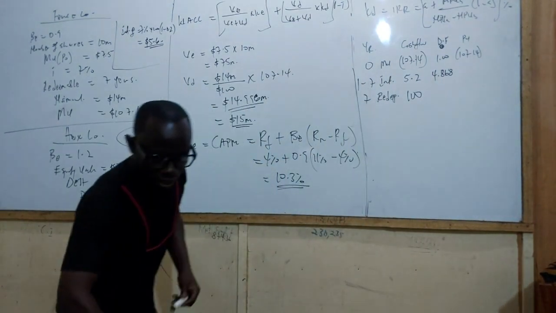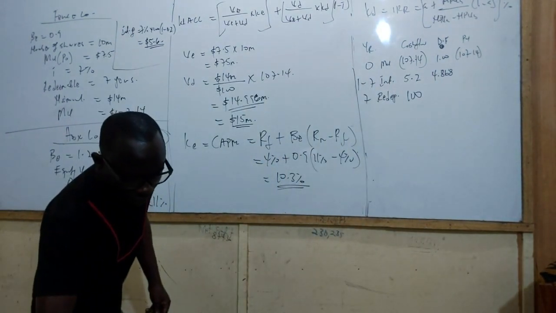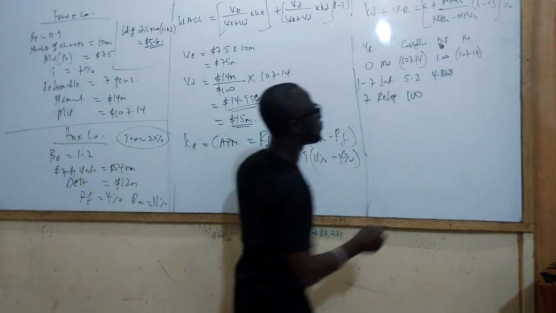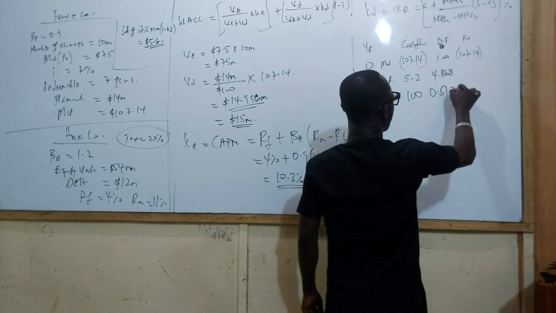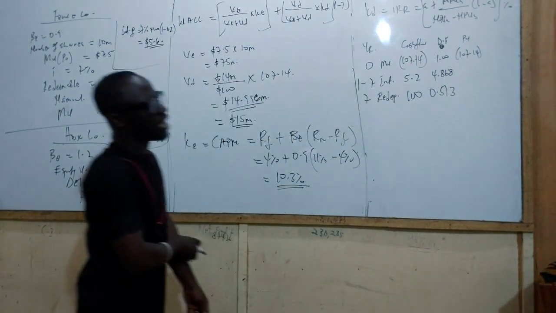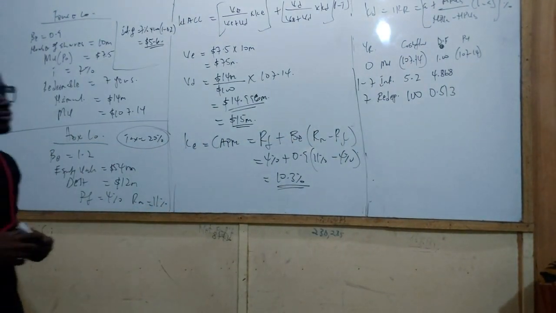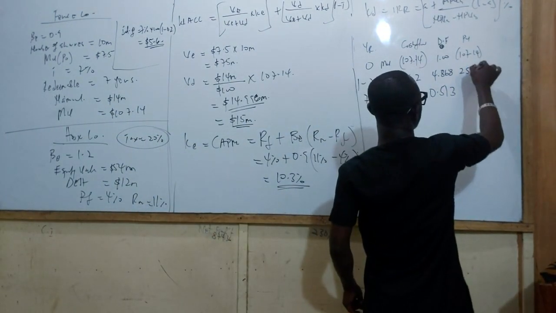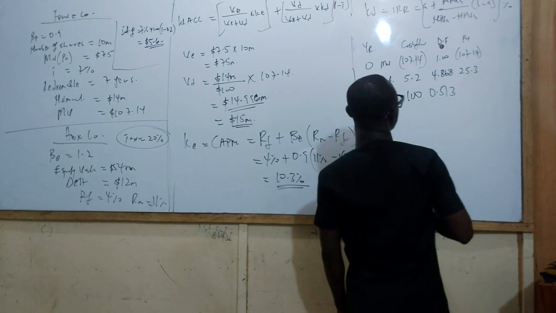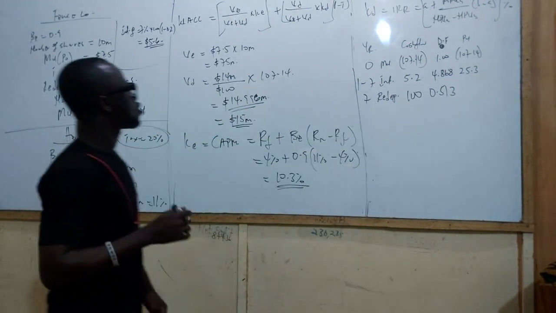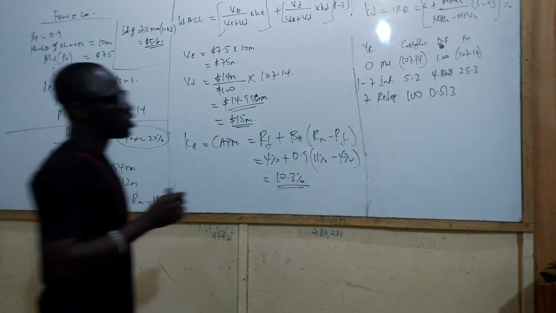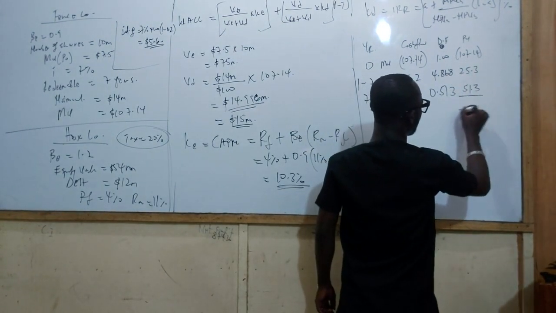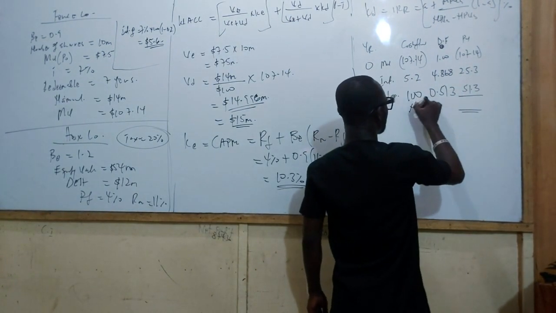Then on the present value table, 10% for the 7th year is 0.513. Can you multiply and give me an answer? 25.3, and 51.3. What do we have as the net present value?